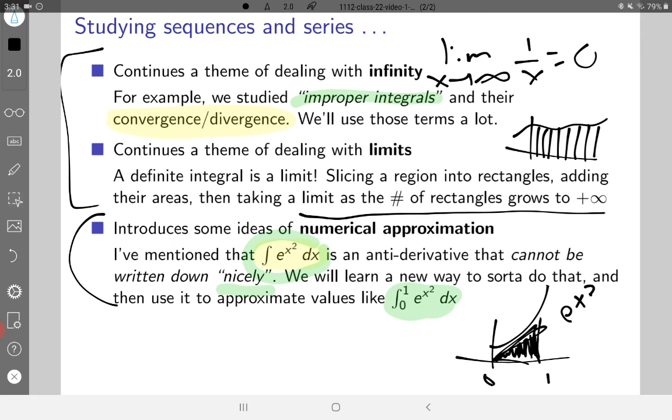We'll be able to say, well, here's a number and it's at most 10% off. Or here's another number and it's at most 2% off. Even though we don't know exactly what the correct answer is supposed to be, we can get within a desired threshold of that number. And I find that absolutely magical, and that's something we're going to build to over the course of our study of sequences and series here.